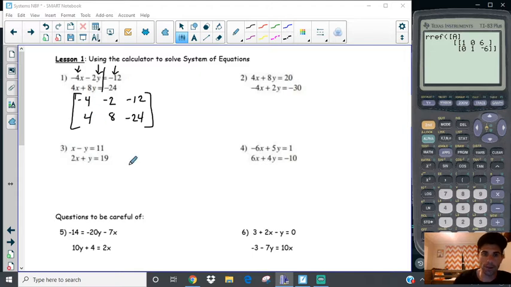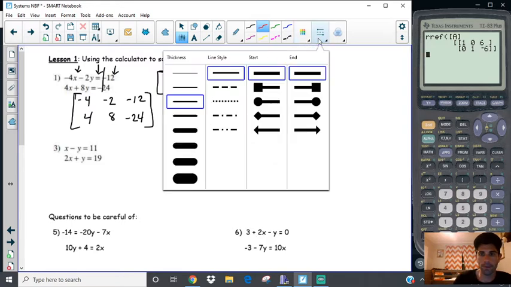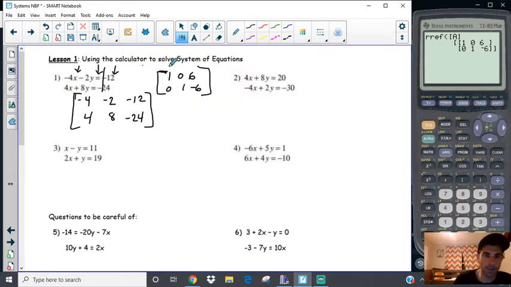So what it says here is, let's see, says 1, 0, 6, 0, 1, negative 6. And what this means, remember, this first here was x, and then this here were our y values.